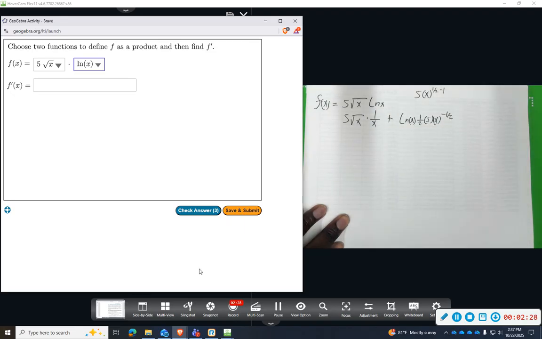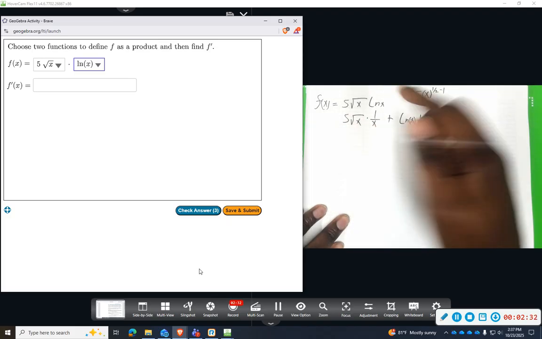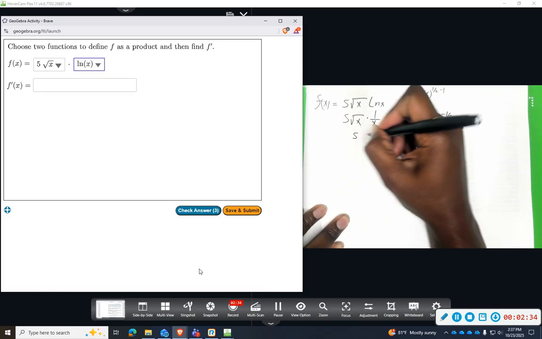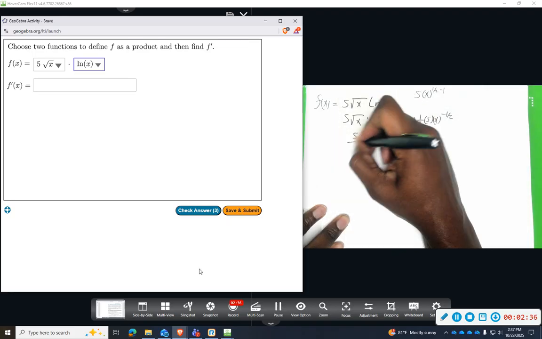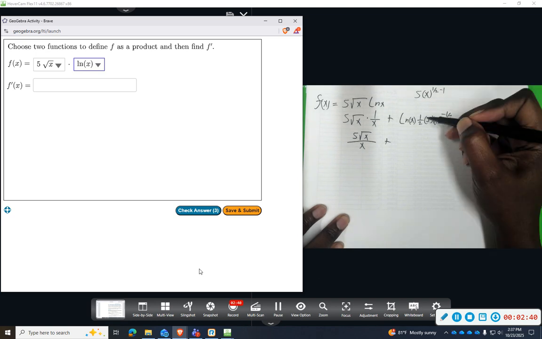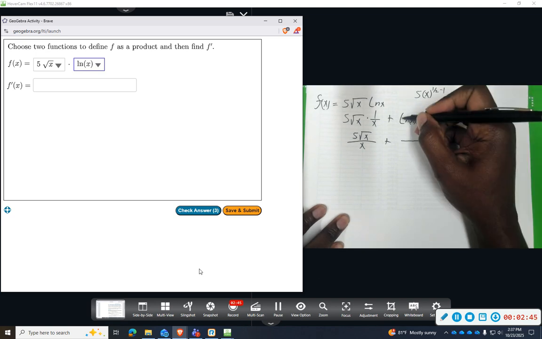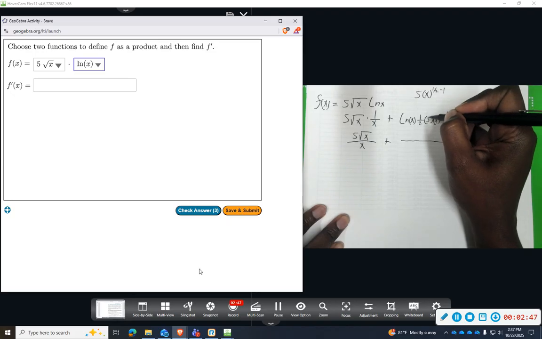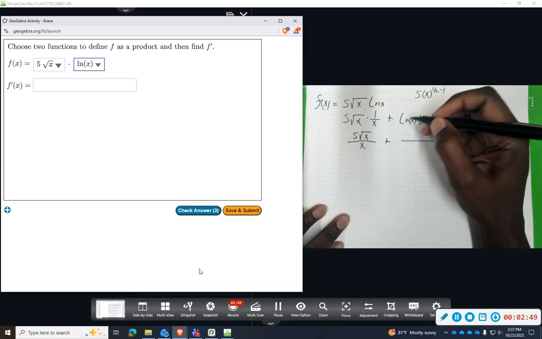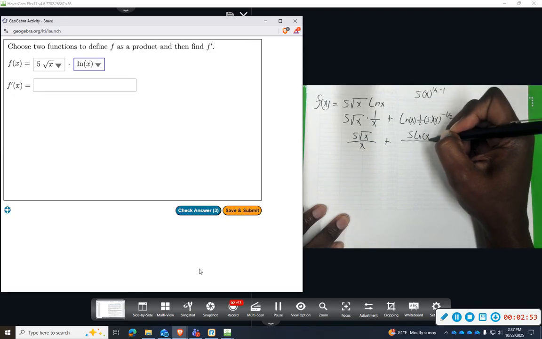Alright, now we're going to just simplify this. So when I multiply, this will go on top, so I will have 5 square root of x all over x plus this 1/2 will cause me to have a fraction, so 1 on the top times 5, so we'll have a 5 times ln of x.